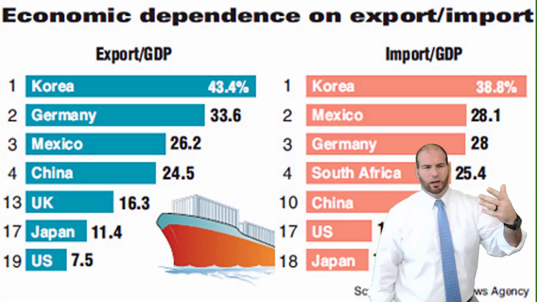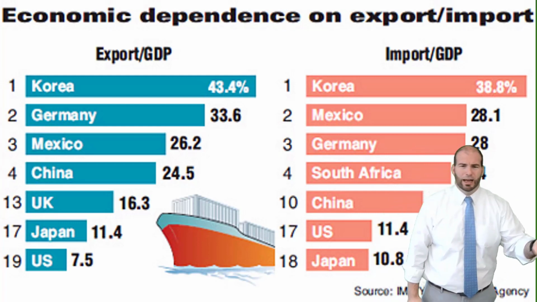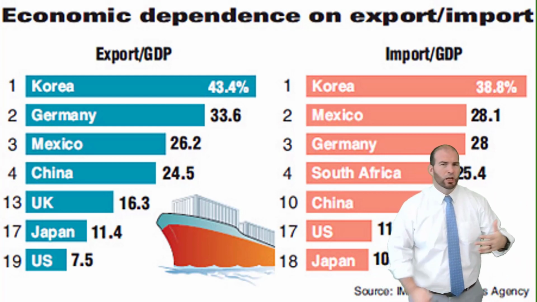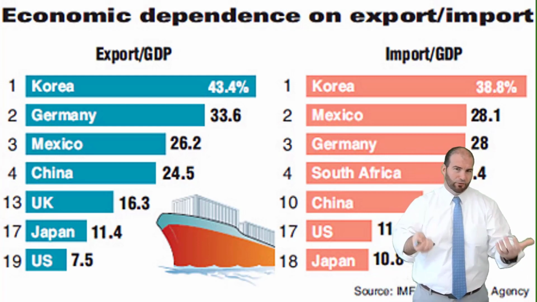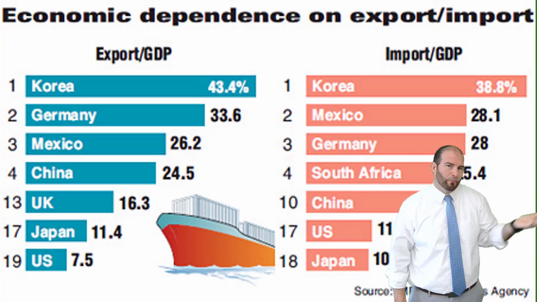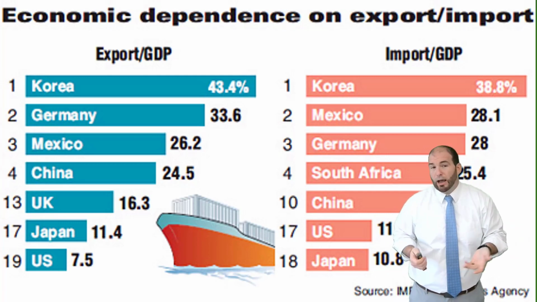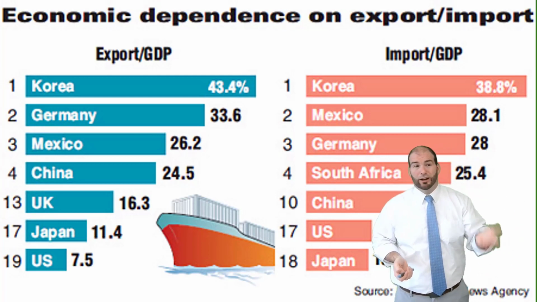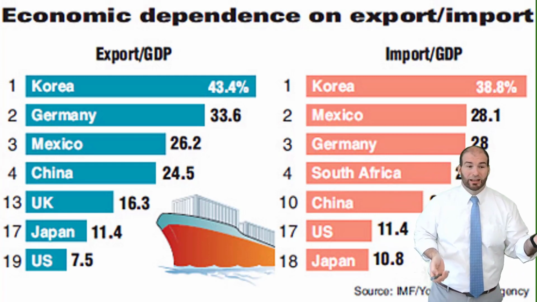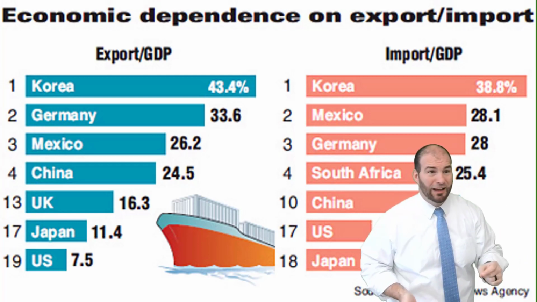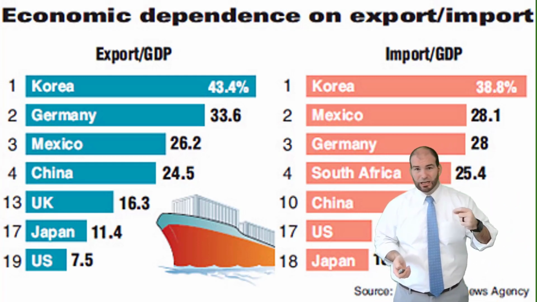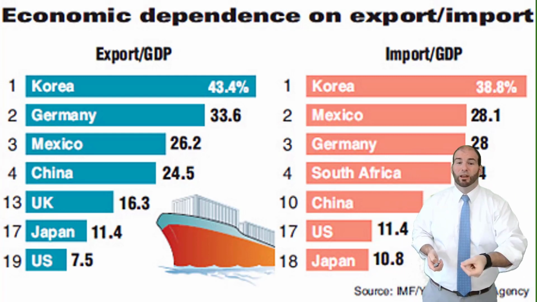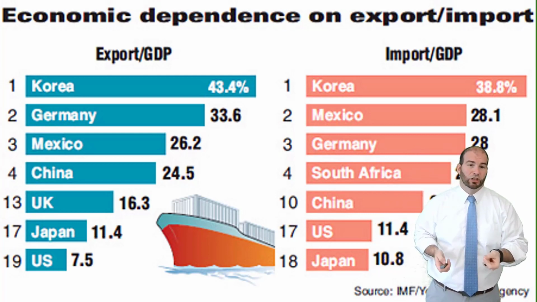Germany exports, while it's great to have more exports than imports, when it's that massive amount, if people decide they don't want to buy that from you anymore, you don't have other ways to turn. You can go all the way down here. Number 19 on the export is the United States. Only 7.5% of our GDP is exports, and only 11.4% of our GDP is imports.